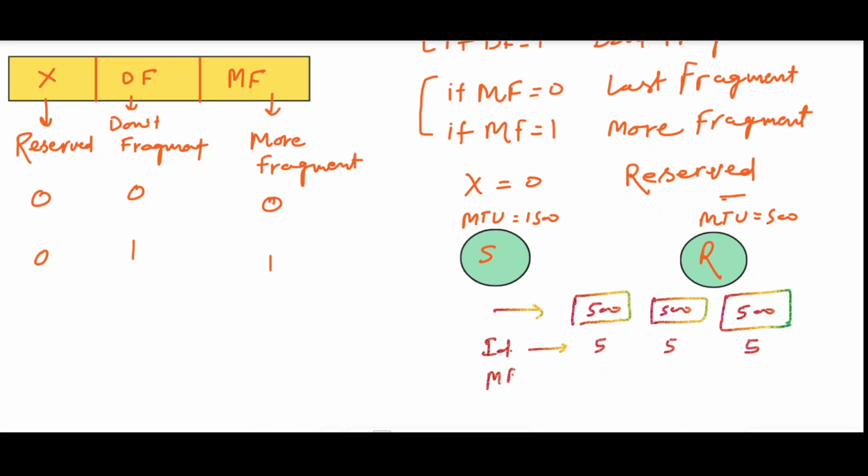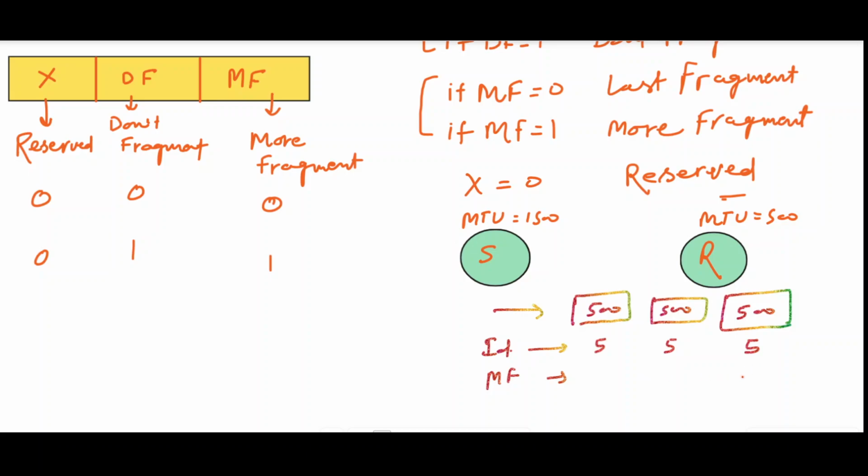Now the MF, more fragments field, will be 0 and 1. That means which will be the last fragment, which will be the more fragment. If this is the first, this is the second, this is the third.